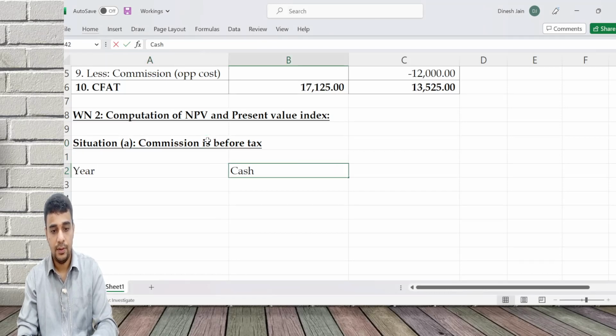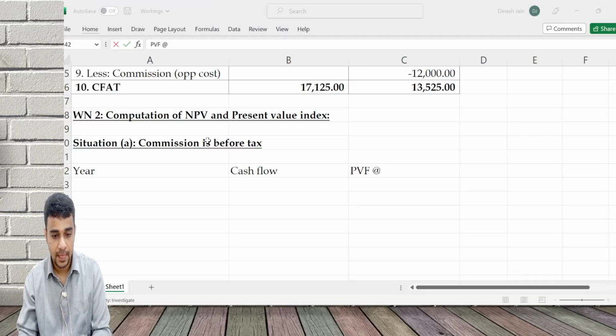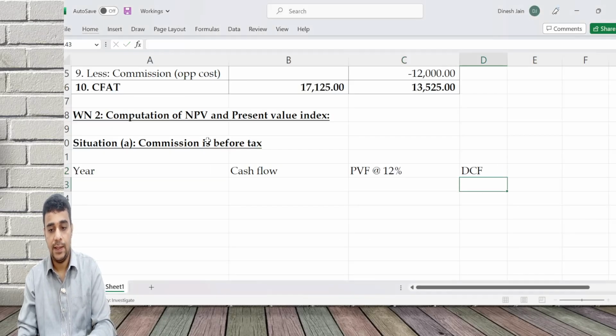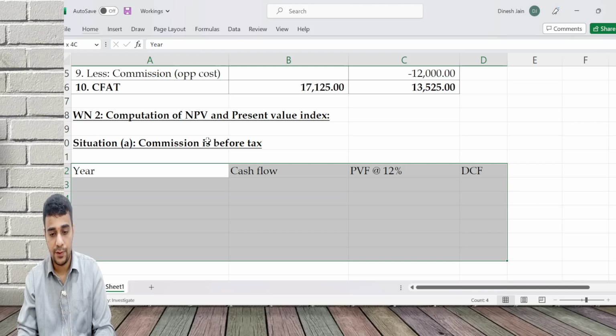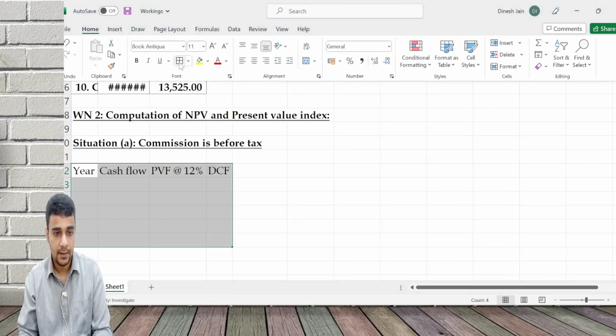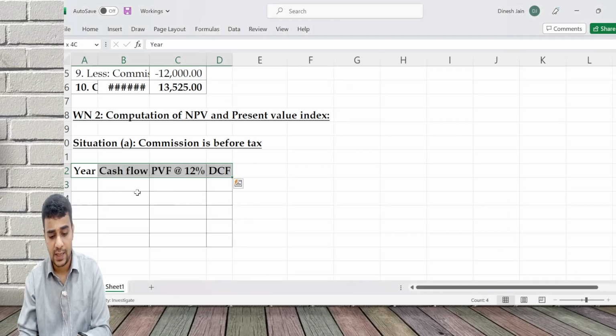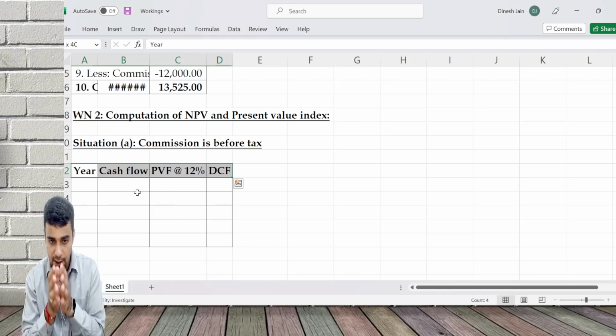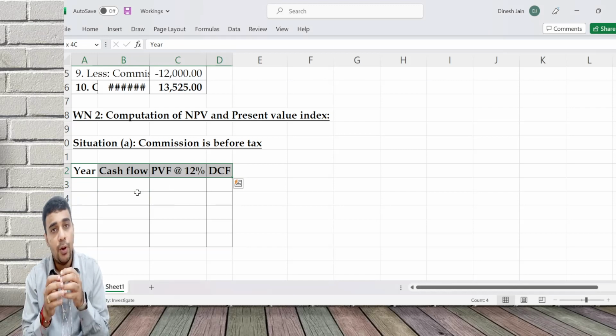Here, cash flow, PVF at the rate of 12%, DCF. I did not separately calculate net salvage value, because at the end of life, the sale value of the machine is 6,000. Book value will also be 6,000. How 6,000? 80,000 minus the depreciation for 8 years.